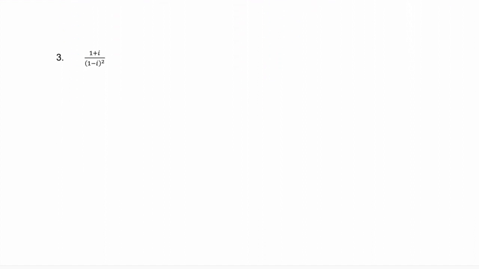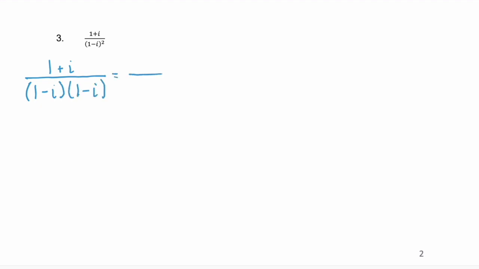This one is a little more challenging, and that's because our denominator here is 1 minus i, squared. First, we want to simplify that. So our numerator stays the same. And our denominator, what that means is 1 minus i times 1 minus i. So keep our numerator again.